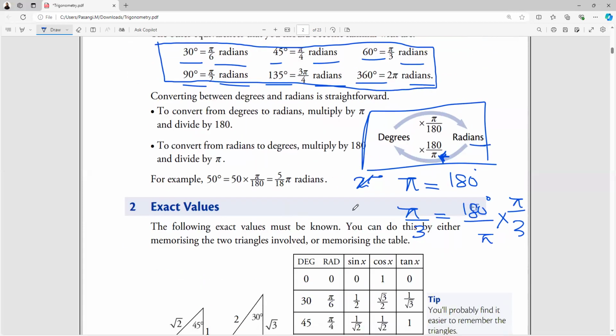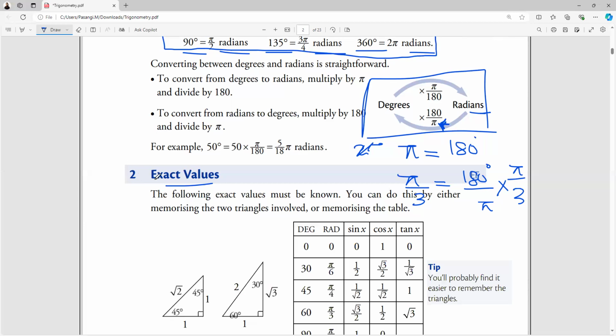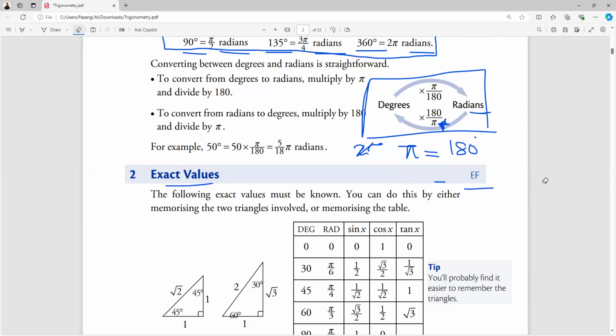Then we have the exact values. I'll move to the next part. The second part will be the exact values. What does that mean actually?